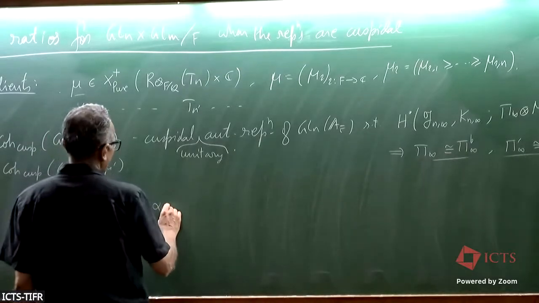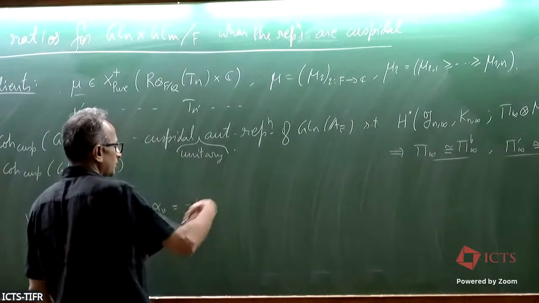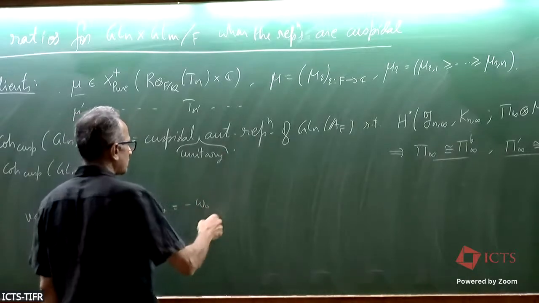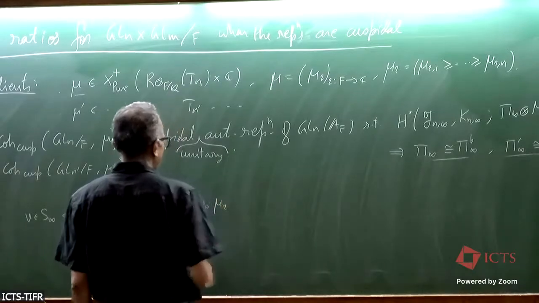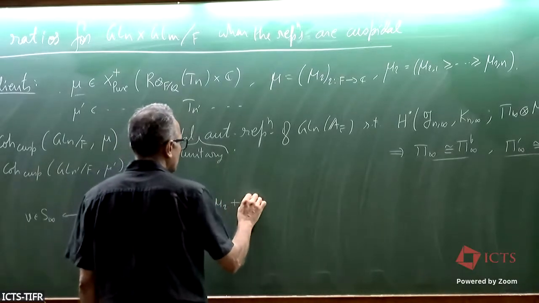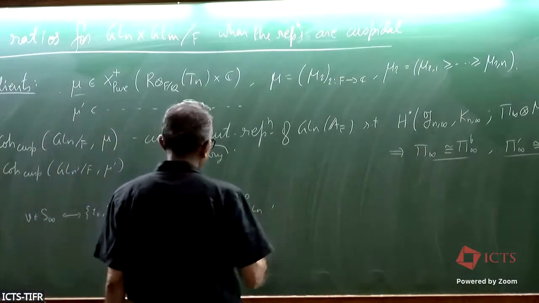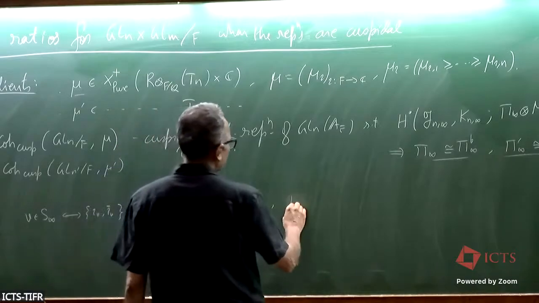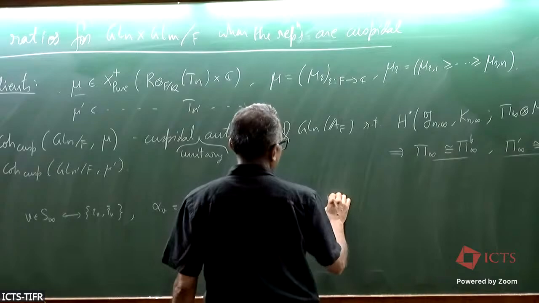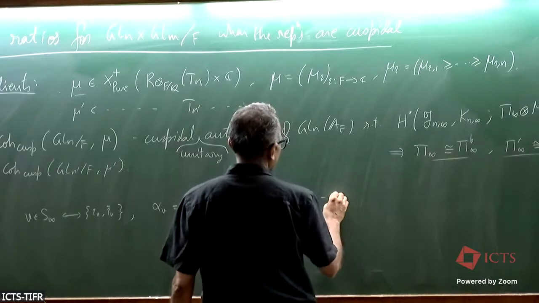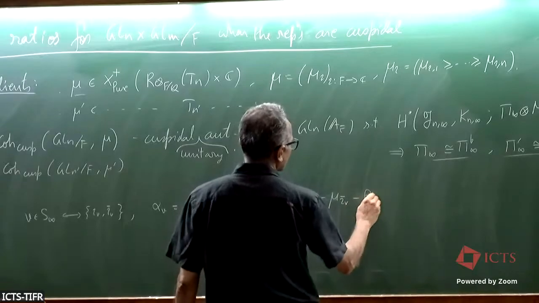Define alpha v to be minus w naught, the Weil group element of longest length, on mu iota plus half the sum of positive roots for GLN and mu iota v, and define beta v to be a string of half integers as minus mu iota v bar minus half the sum of positive roots.